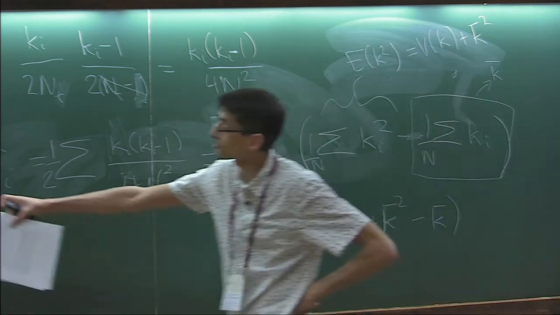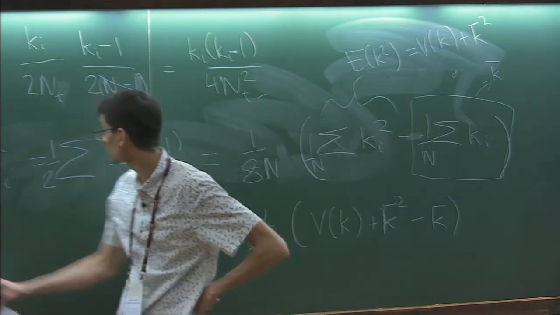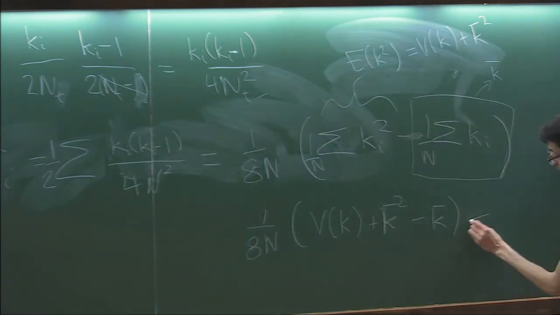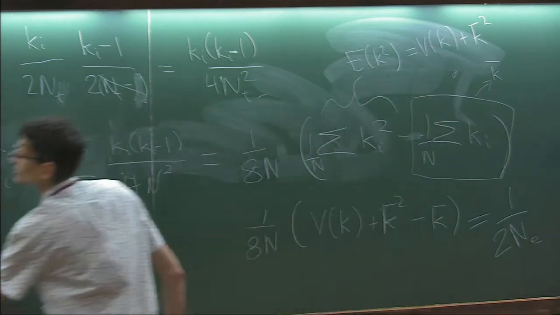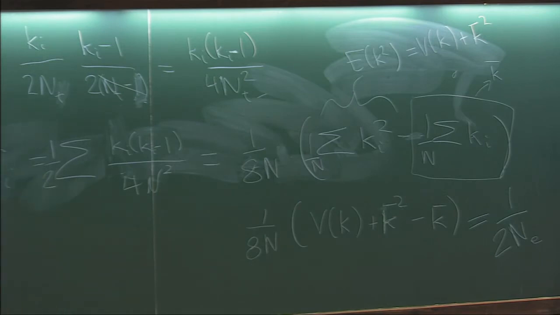And that's our probability of being identical by descent, which by definition has to be equal to 1 over 2Ne. So at this point, it's just simple rearrangement to solve for the effective population size.